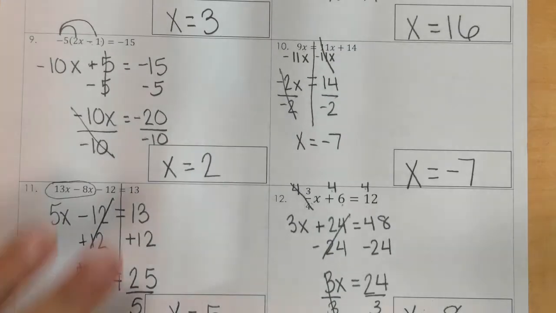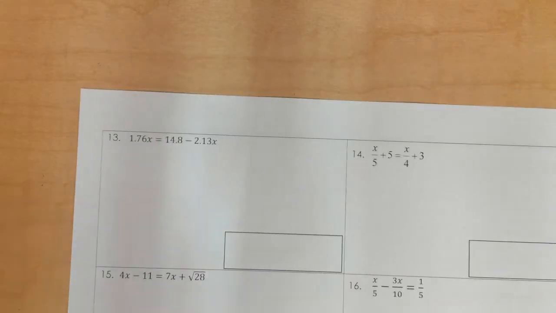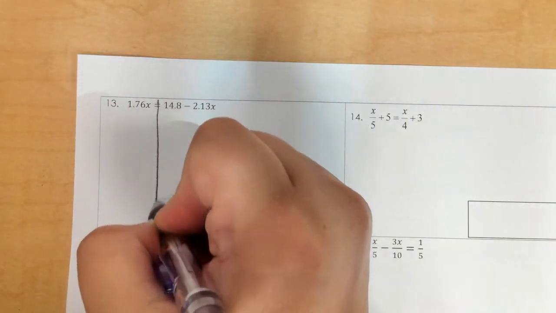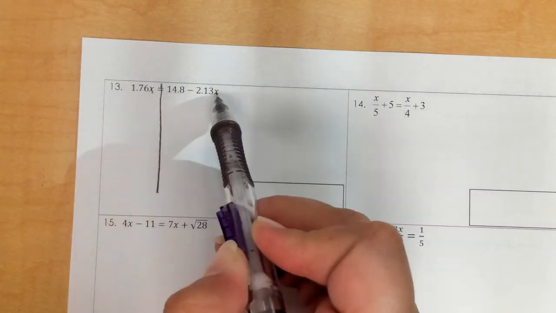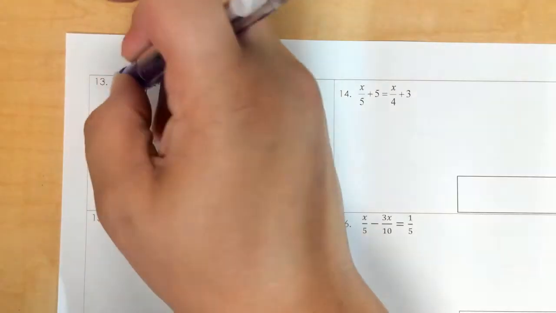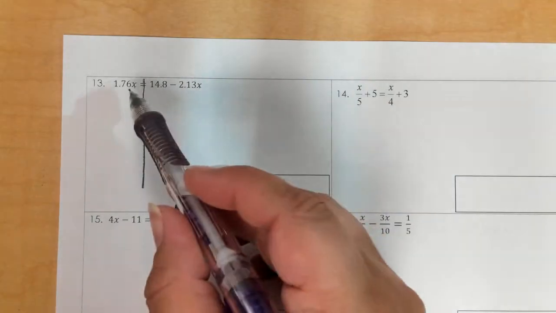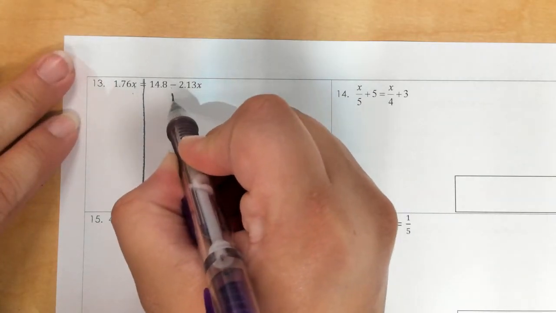Okay. Moving on to number 12. Oh, I'm sorry, number 13. I see that I have a variable here and here. So I want to get those together. I know there's decimals there, but you got to just think, like, what's a like term? x and x. So if this is a negative 2.13, I'm going to add it.